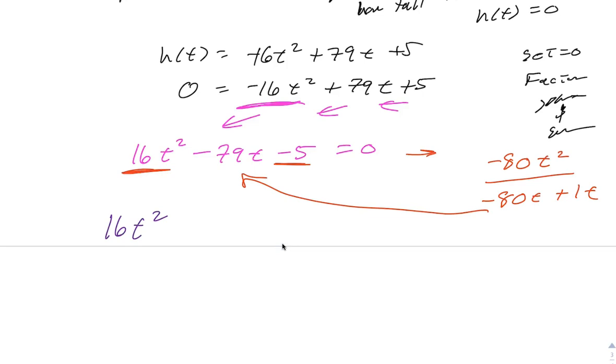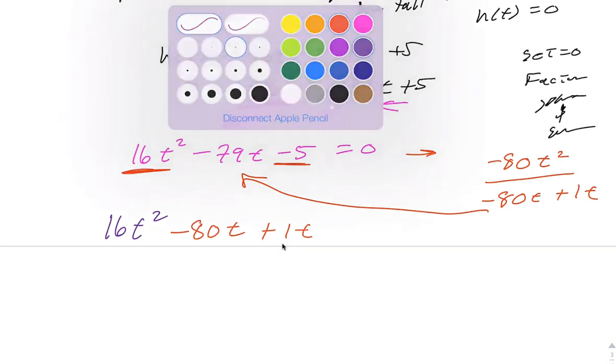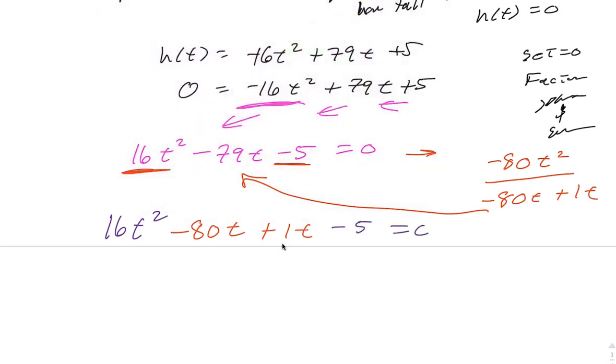So I'm going to get this: 16t squared minus 80t plus 1t minus 5 equals 0. Then we're going to factor by grouping. These have a 16 in common. That divided by that, I'm guessing it's going to be 5.